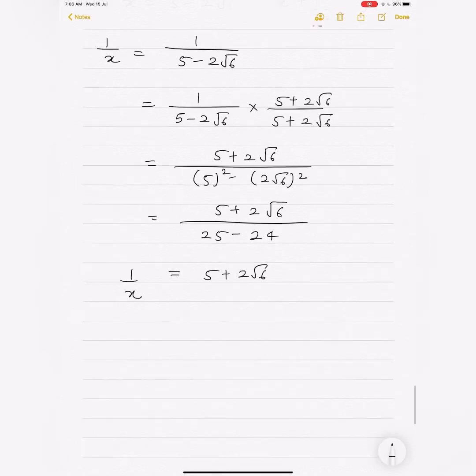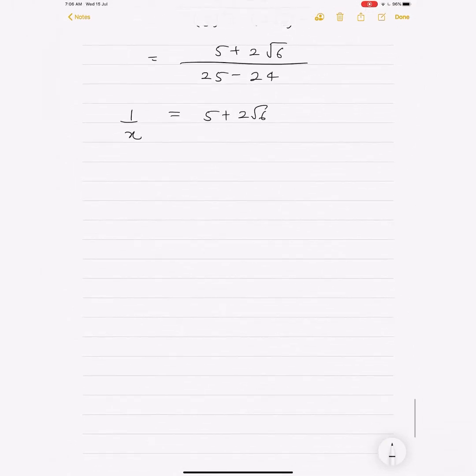Quite simple. Now this sum is going to be easy. We'll first find out the value of x plus 1 upon x. So x was 5 minus 2 root 6 plus 5 plus 2 root 6, open the brackets, it will become 10.